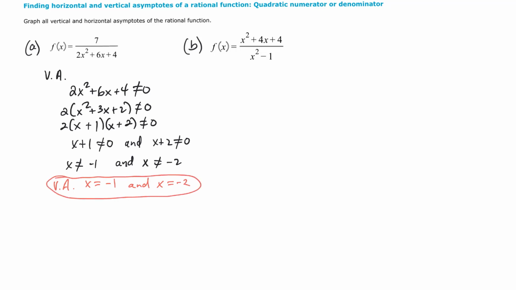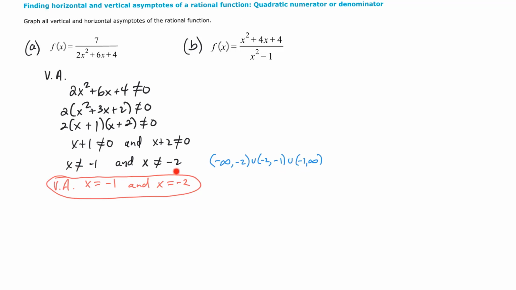So just a recap on domain here, I could write the domain of the rational function in part A. It's not difficult. Negative infinity up to negative 2, union negative 2, comma negative 1, union negative 1 to infinity. Notice there are parentheses on the negative 2 and on the negative 1 because we do not include those x values.